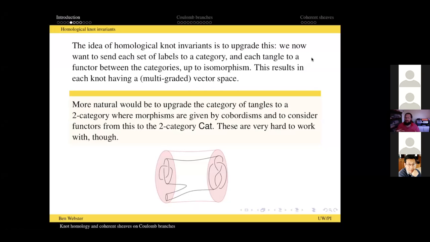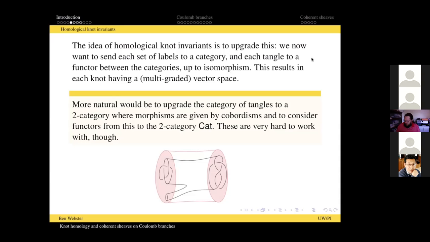And if you can define such a thing that satisfies all the right compatibilities, then you'll assign to each knot a vector space. And maybe that vector space has some extra structure like a grading or a double grading, which is typically what happens.